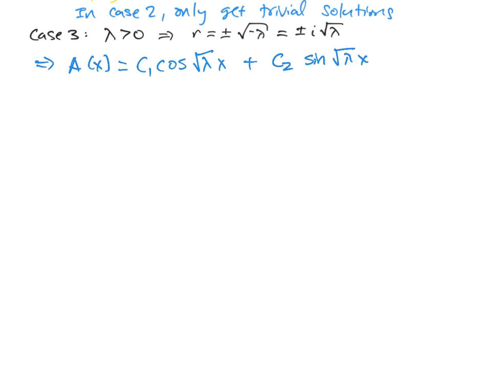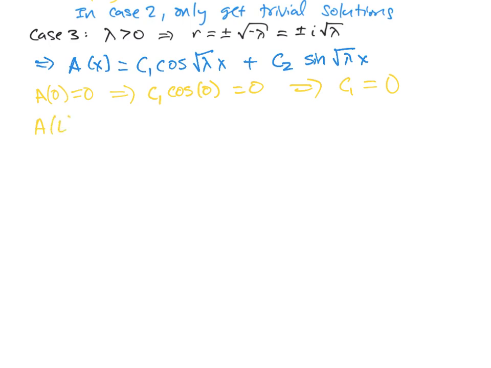Okay, time to do the boundary conditions again. So let's see, a of 0 equals 0 will give us that the sine term will go away, and so then we get c1 cosine of 0, which is 1, equals 0, so then c1 equals 0.